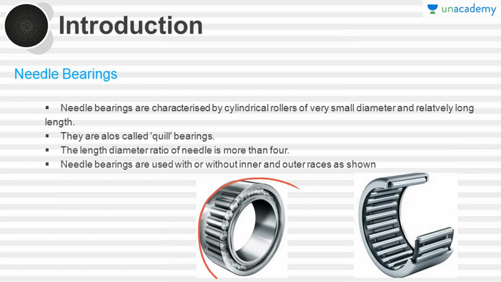Here we have the outer race as well as the inner race. In this figure we have only the outer race; we don't have any inner race. So these needle bearings can be used with or without the inner and outer races. These are the different types of needle bearings.